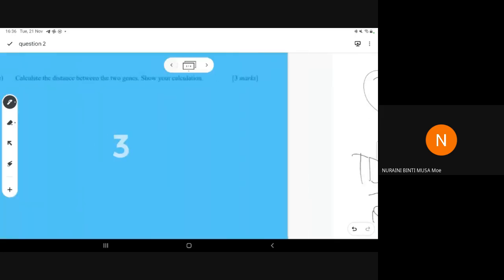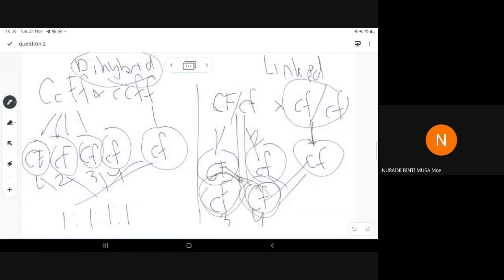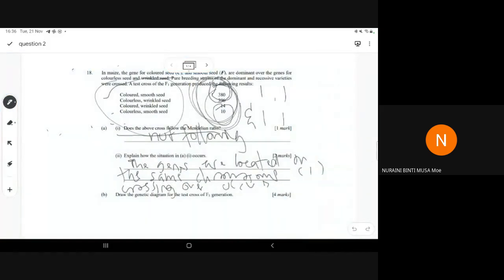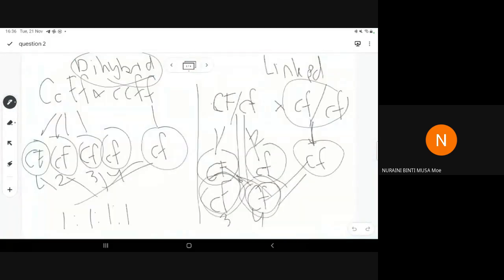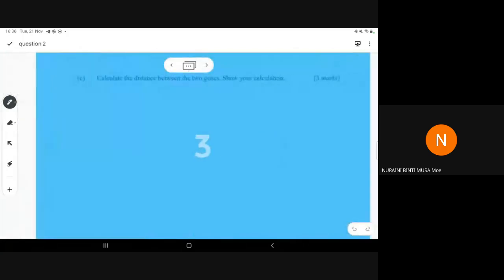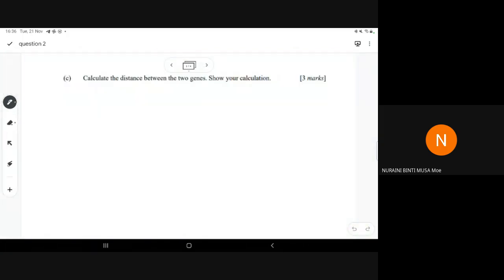Okay. So this will take us to the next question, which is calculate the distance between the two genes and show your calculation. We can calculate distance of the genes because again, based on the ratio that we get, the ratio that does not follow the Mendelian ratio, kita tahu that the genes for color and texture is linked.